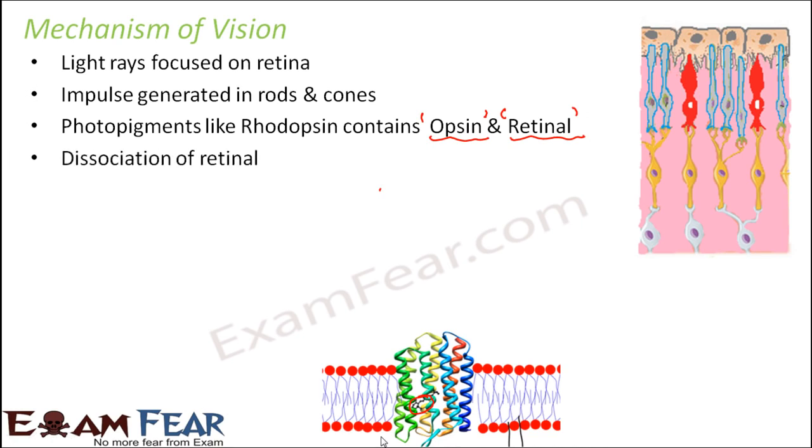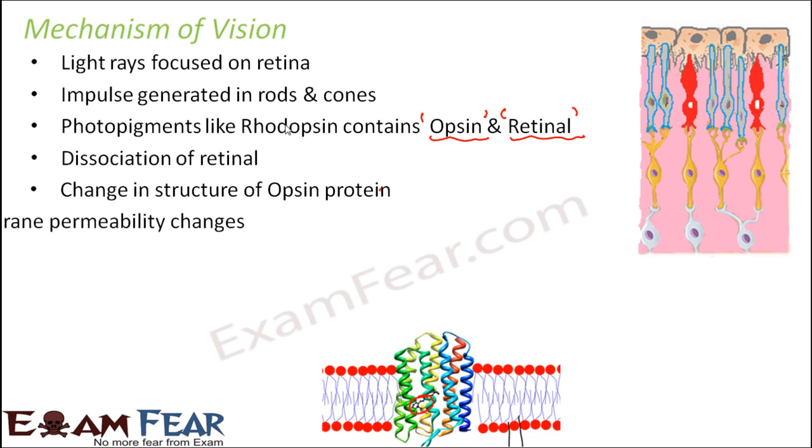Now what happens? This retinal, the aldehyde, gets dissociated. Once this aldehyde is dissociated, the structure of the protein will also change, because after all, rhodopsin is formed by opsin plus retinal. So there will be a change in the structure of the protein opsin.